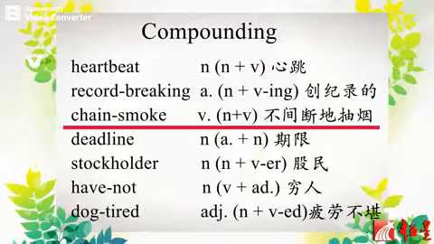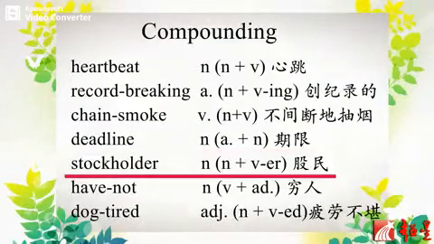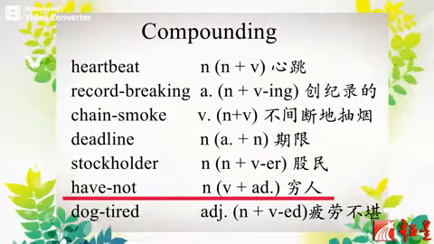Chain smoke. Chain is a noun, smoke is a verb. The new word is a verb. And deadline: dead, adjective, line, noun. The whole word is a noun. And then stockholder. Stock is a noun, hold is a verb. It makes a new word. And then have-not. Have is a verb, not is an adverb.